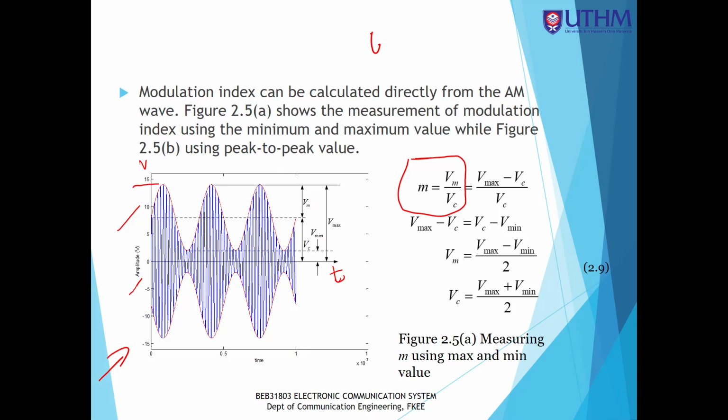Okay, so this is Vmax. Okay, and here is Vmin. Okay, puncak yang rendah ini adalah Vmin. Okay, and here, di bawah sini adalah minus Vmax, and over here is minus Vmin.